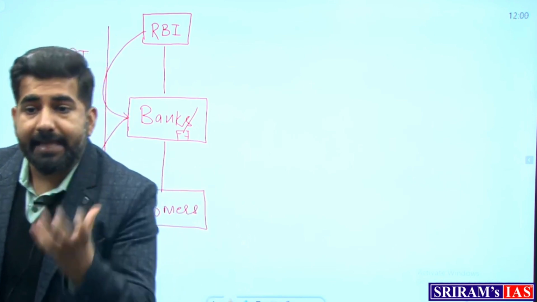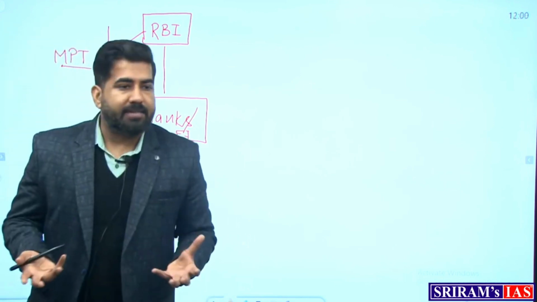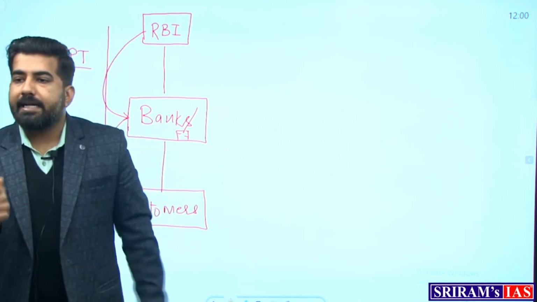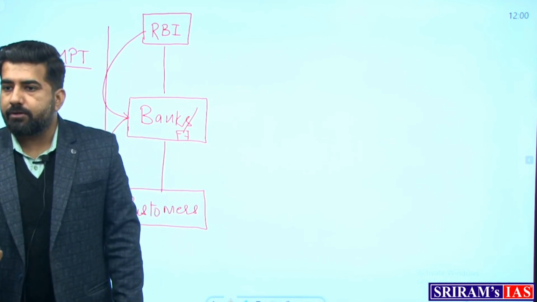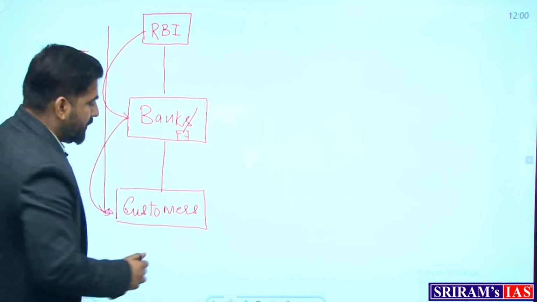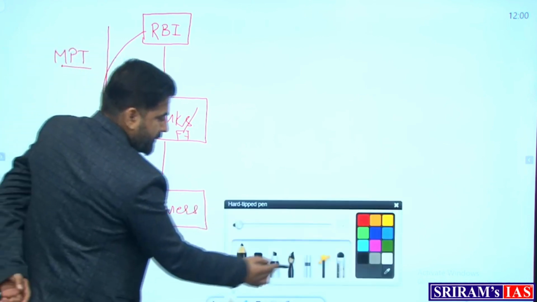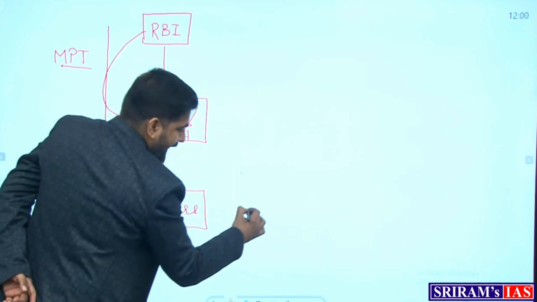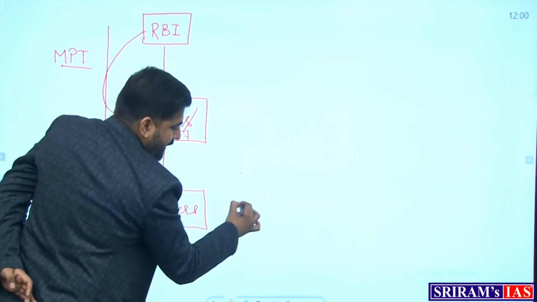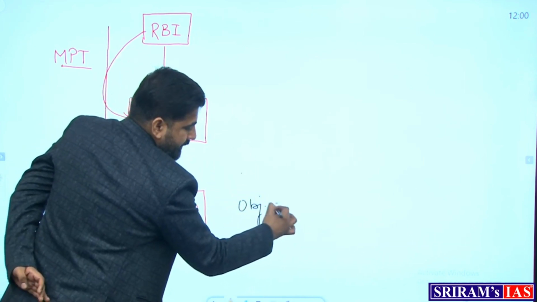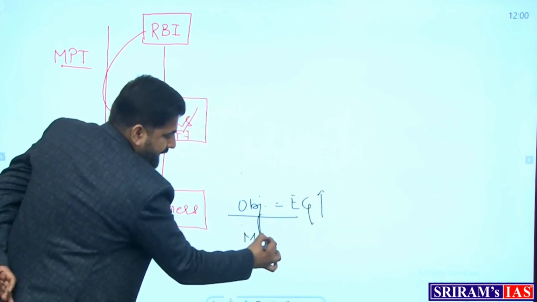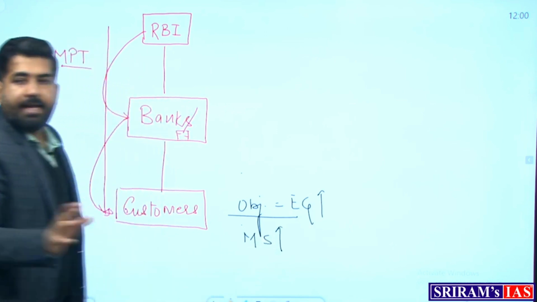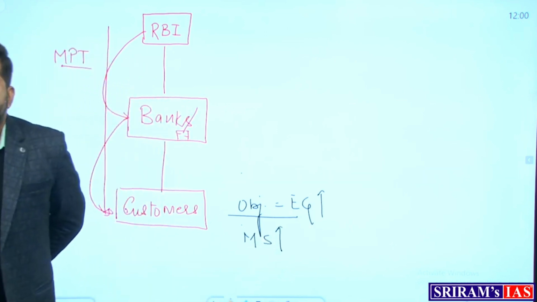Yes, basically when there's a period of recession, the idea is to boost economic growth. We need high economic growth, and to boost it, you want money supply. So the objective is economic growth, and to achieve this objective, money supply needs to increase.